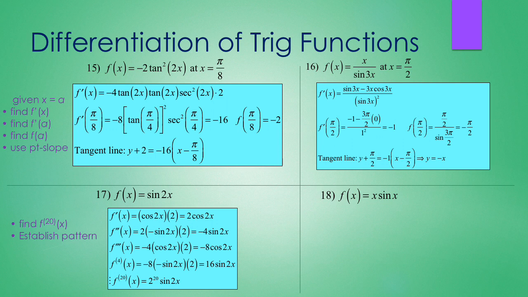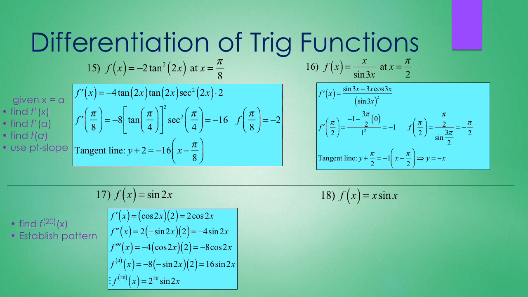Our third derivative is negative 4 times the derivative of sine of 2x, which is cosine of 2x times 2, which is negative 8 cosine of 2x. Finally, our fourth derivative is negative 8 times the derivative of cosine of 2x, which is negative sine of 2x times 2, which is 16 sine of 2x.